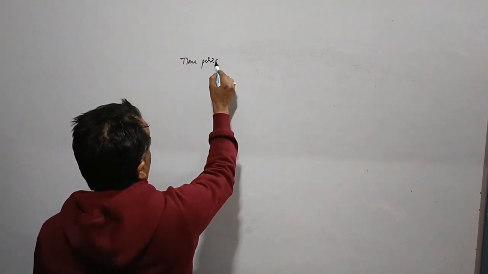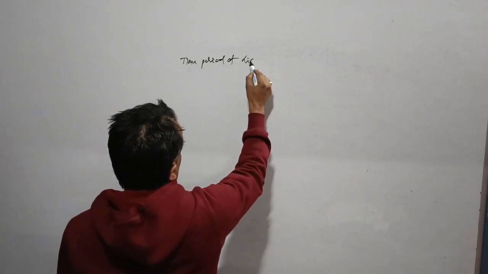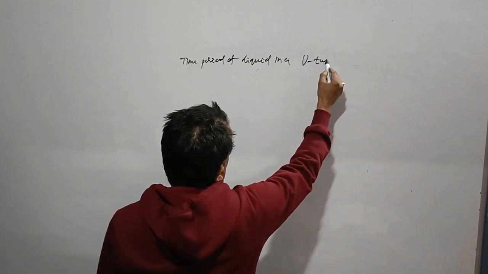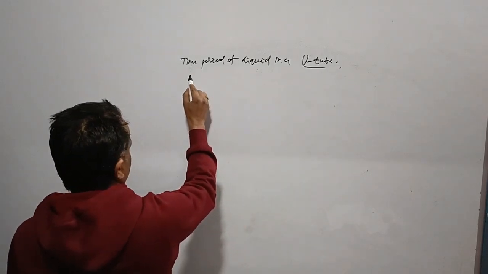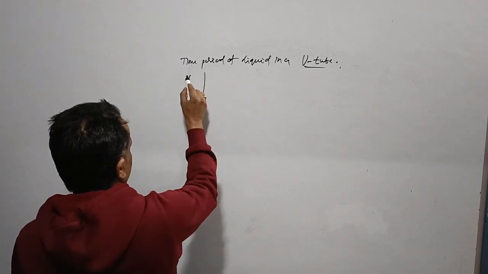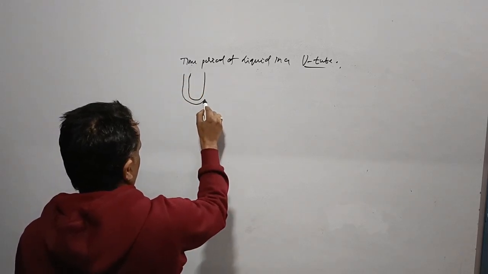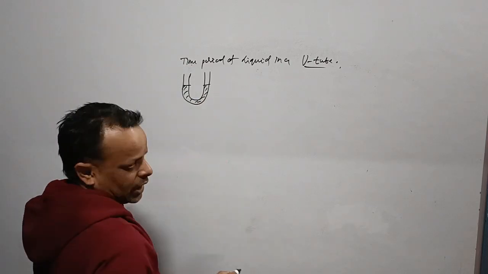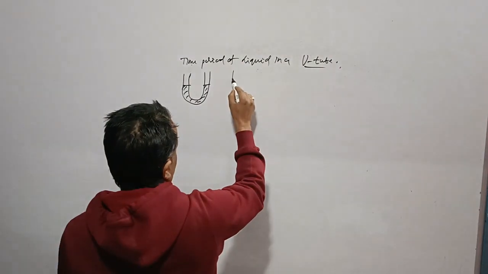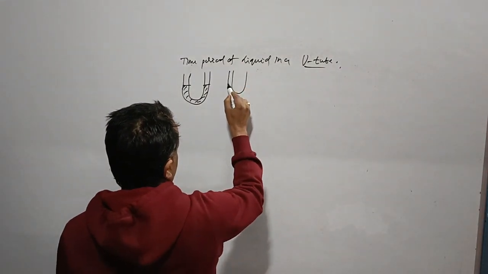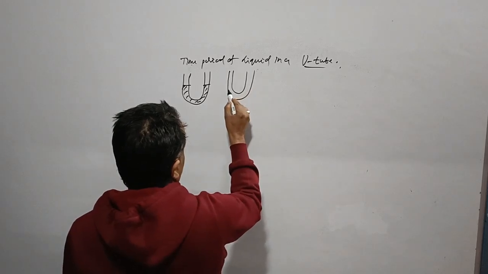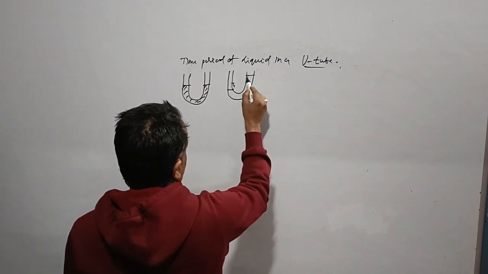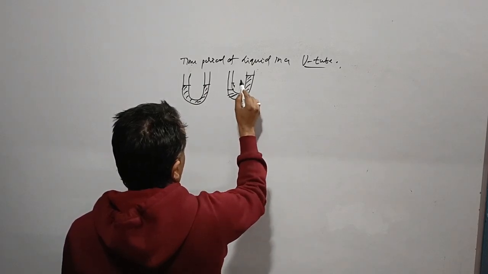See, in this case, let us suppose this is our U-tube, and there is a certain liquid in it, and the levels are equal. Now we apply air pressure to it, and it descends by y along this side. The liquid will rise on the other side by y.